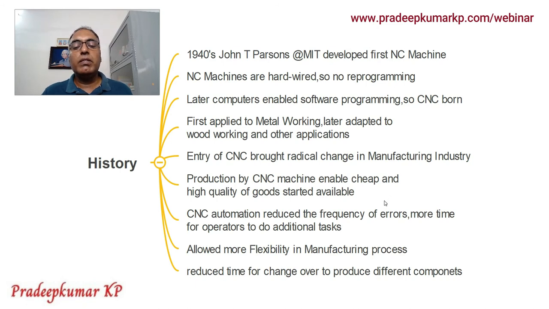So CNC automation reduced the frequency of errors, and one of the plus points is that it reduces the errors and gives more time for operators to do additional work, because in conventional machines you have to be always supervising the machine to avoid errors. Here you can put it in automatic mode, and you can do some other job by the time it finishes the work.